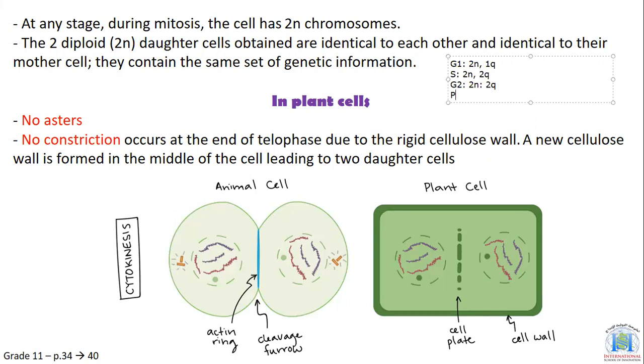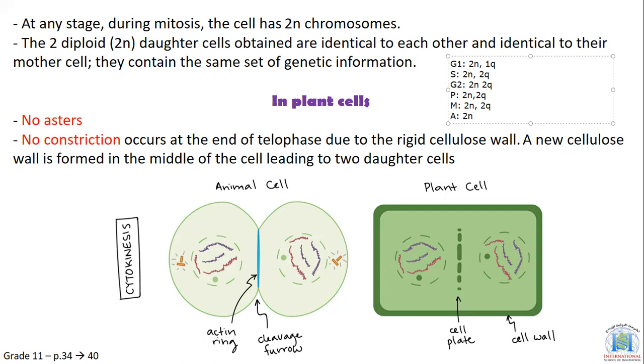Okay? Prophase, 2n chromosomes, 2 chromatids. During metaphase, the chromosomes are lined up on the equatorial plate, 2 chromatids. Okay? During anaphase, we are still in the same cell.